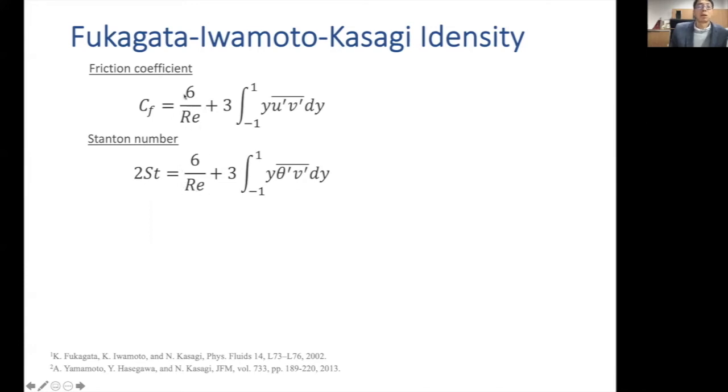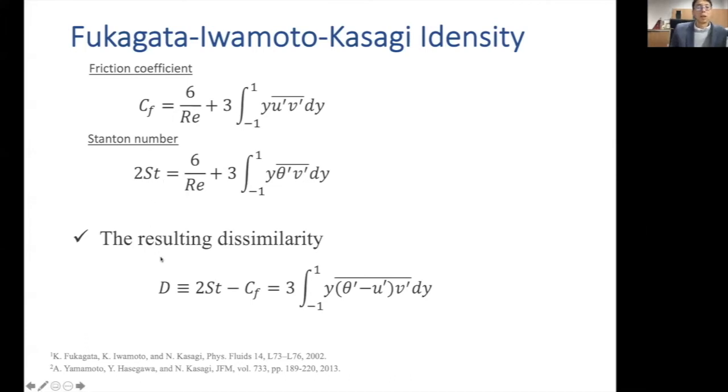The laminar contribution becomes exactly the same, and the Reynolds shear stress is replaced by the turbulent heat flux. So if you consider the difference between the Stanton number and the CF, which we call dissimilarity, then this is basically caused by this term. So the question is how this term is generated in the case of the controlled flow.